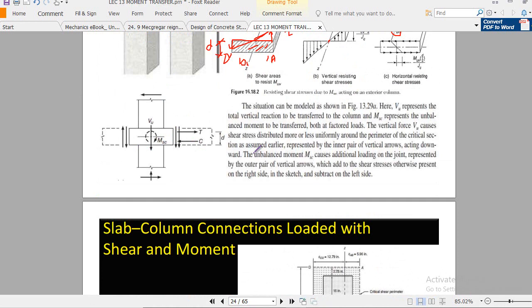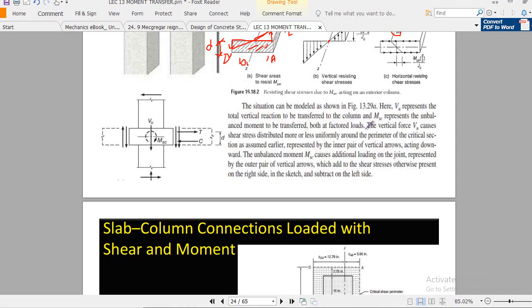Now you see in this joint that we have VU and MSC. VU, you already know, is the shear, which is QU times tributary area. And you see here the situation can be modeled as shown. Here VU represents the total vertical reaction to be transferred to the column.